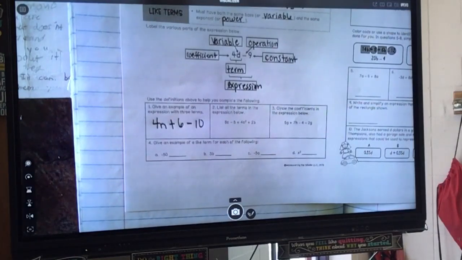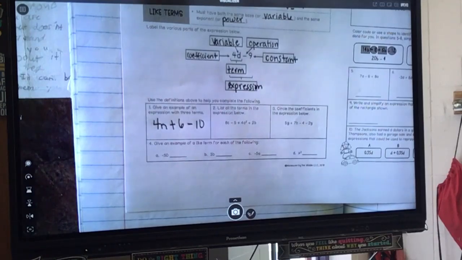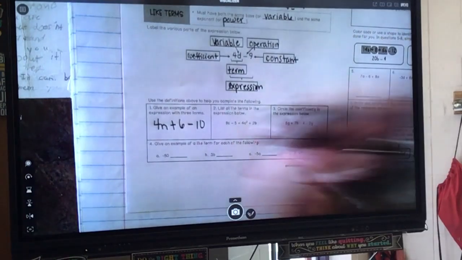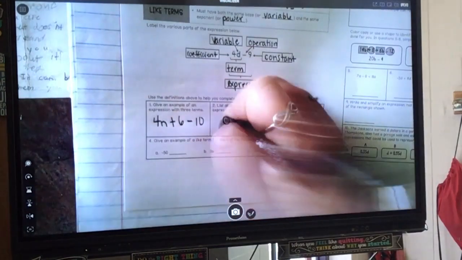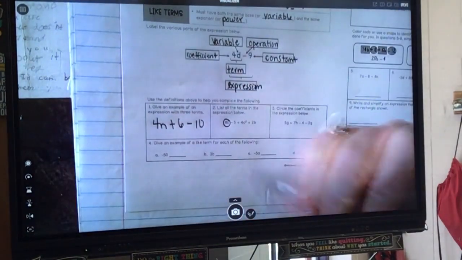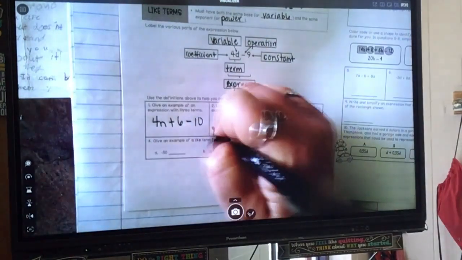Okay, questions about that one? Alright, so the next one says list all the terms in the expression below. So, listing all the terms. So we have 8C. What comes next?